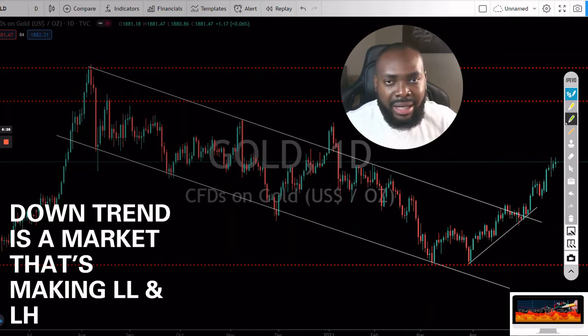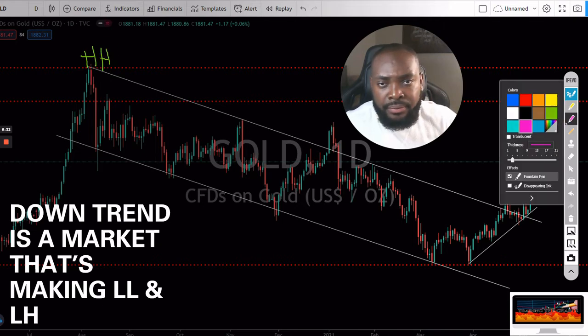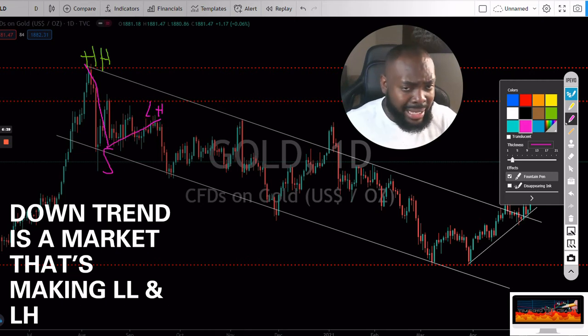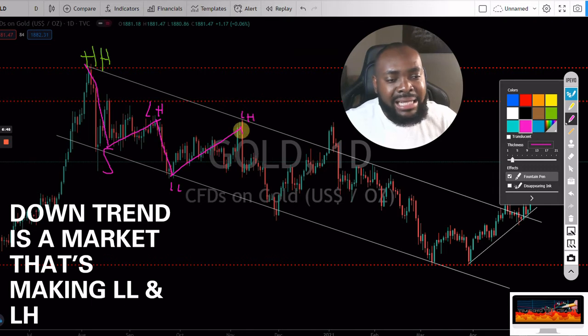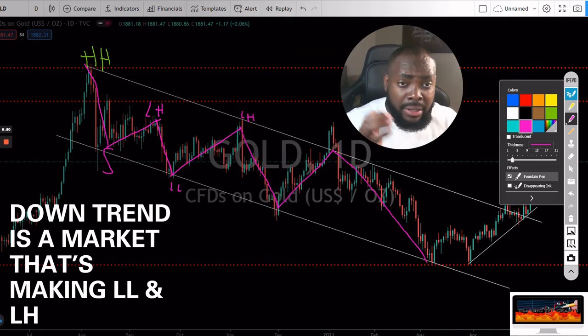From there we have price action breaking down, hitting the support, we run up, price makes our first lower high, price breaks down, we have a lower low, price comes back up, this is a lower high. And guys, all this identifies, based on Dow theory, that the market is in a downtrend.